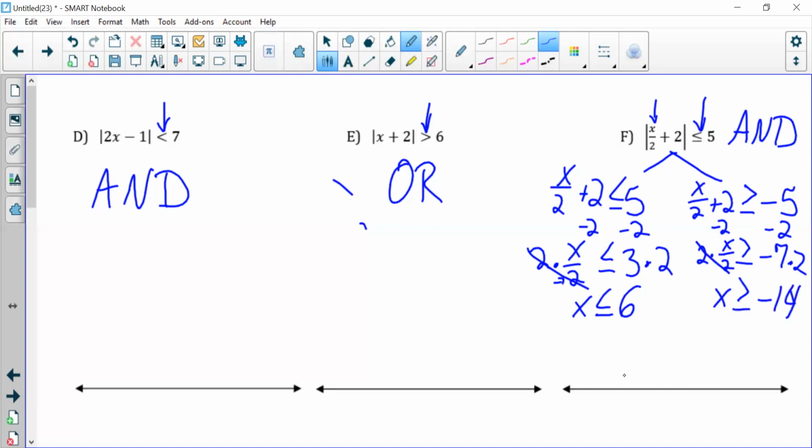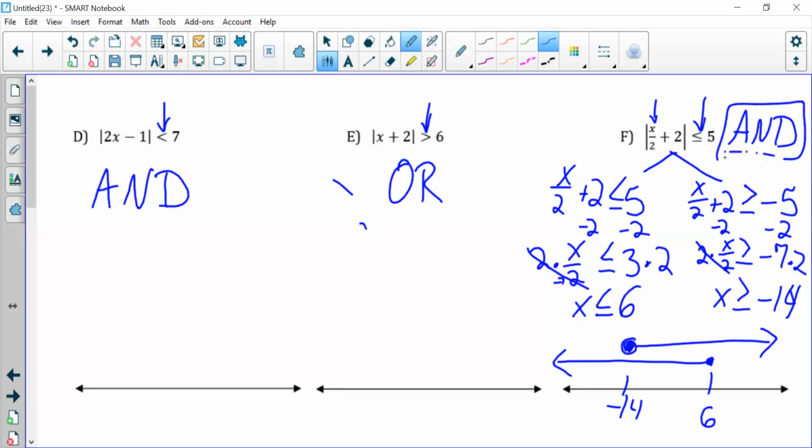Then we graph it. Negative 14, 6. Less than or equal to 6, so filled-in dot to the left. Greater than or equal to negative 14, filled-in dot to the right. This is an "and", remember? So we do want the overlap. So I copy my endpoints and draw the line in between.